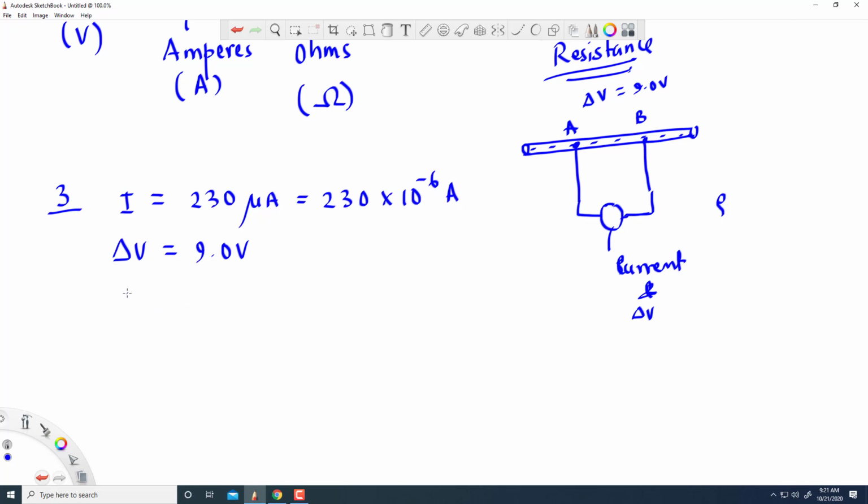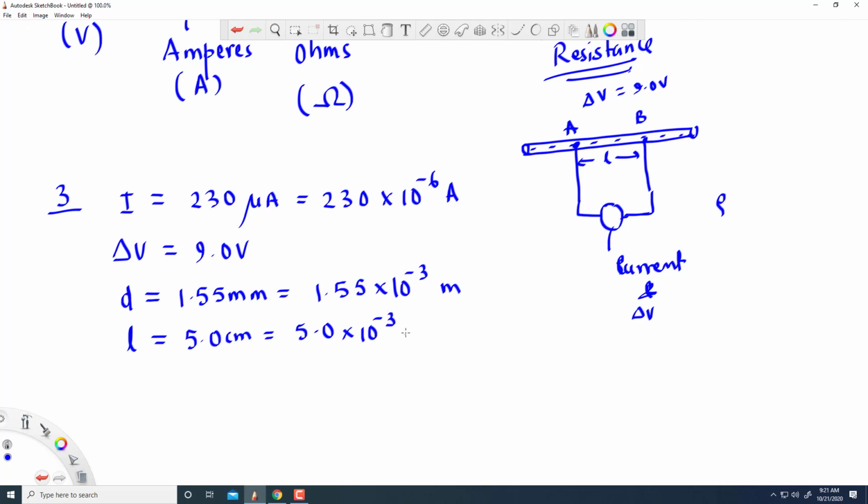And the diameter of the vein is 1.5 millimeters, which is 1.5 times 10 to negative 3 meter, and the length of the vein that we are considering, so this length across which we are measuring the potential, that L is 5 centimeters, which is 5 times 10 to negative 2 meters.